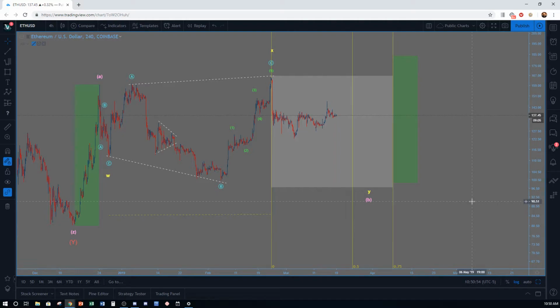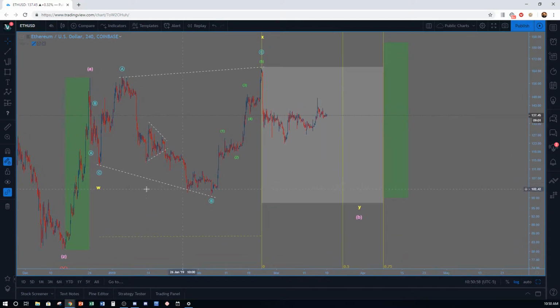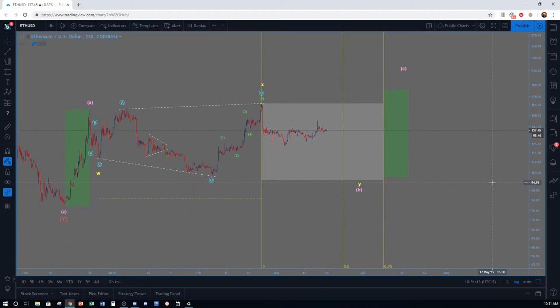So this is essentially what I'm looking for on Ethereum. After we complete this, we have an impulse up. That's related to this one. The question becomes, is this then a completed move? A, B, C, and we continue down.